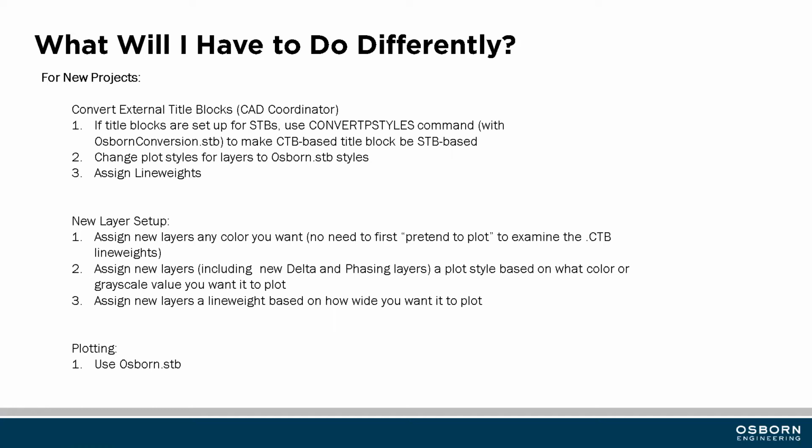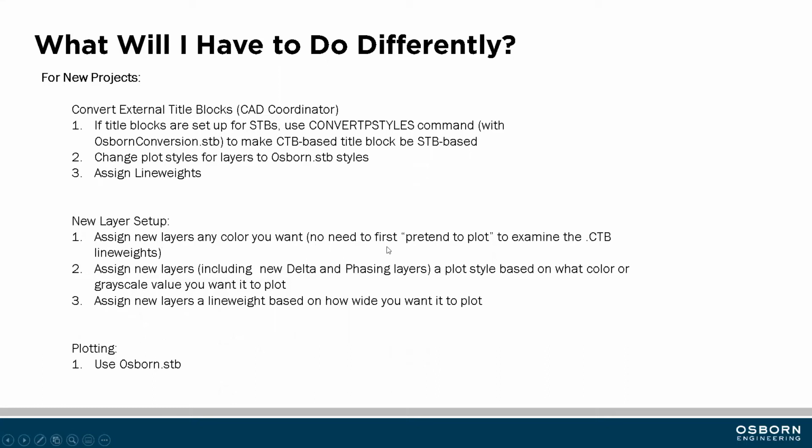Whether you're the CAD coordinator or not, if you create a new layer for some weird one-off thing that only this project needs, then when you create the new layer, you can assign the new layer any color that you want.